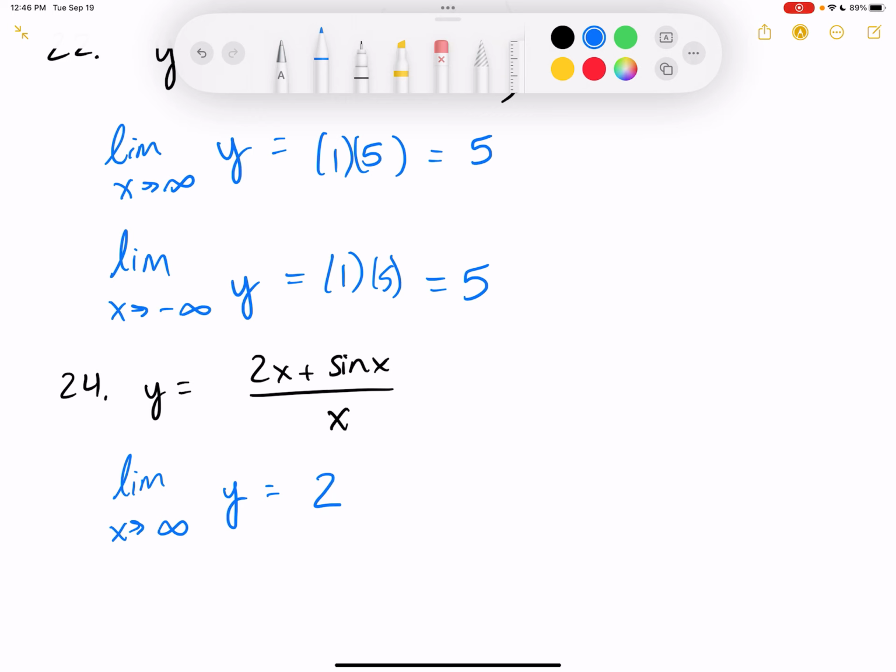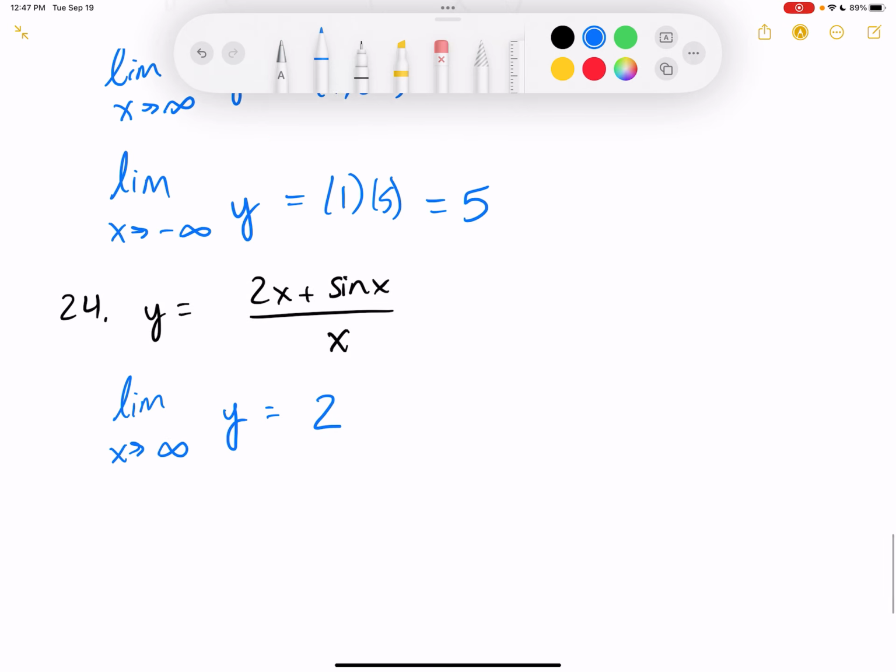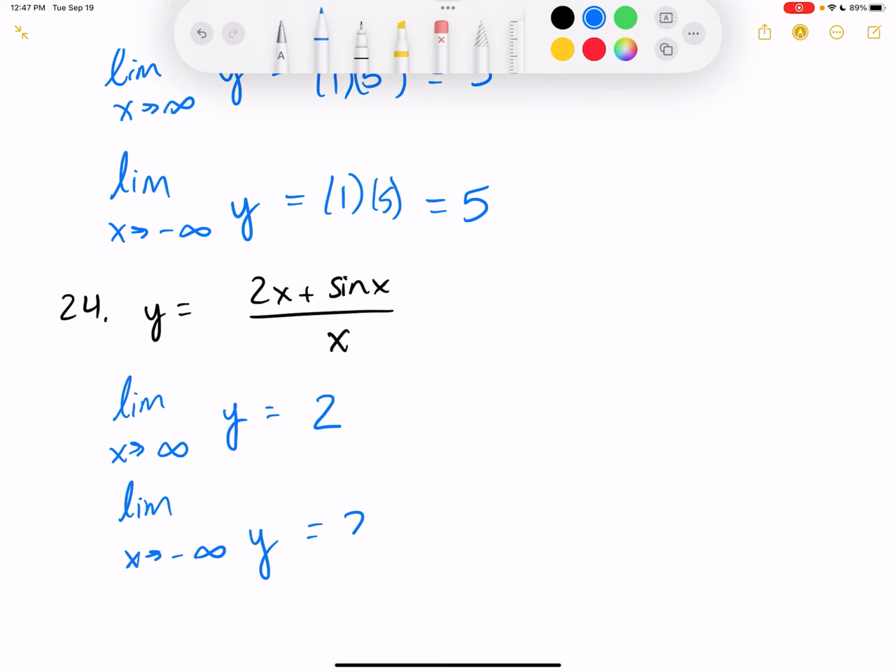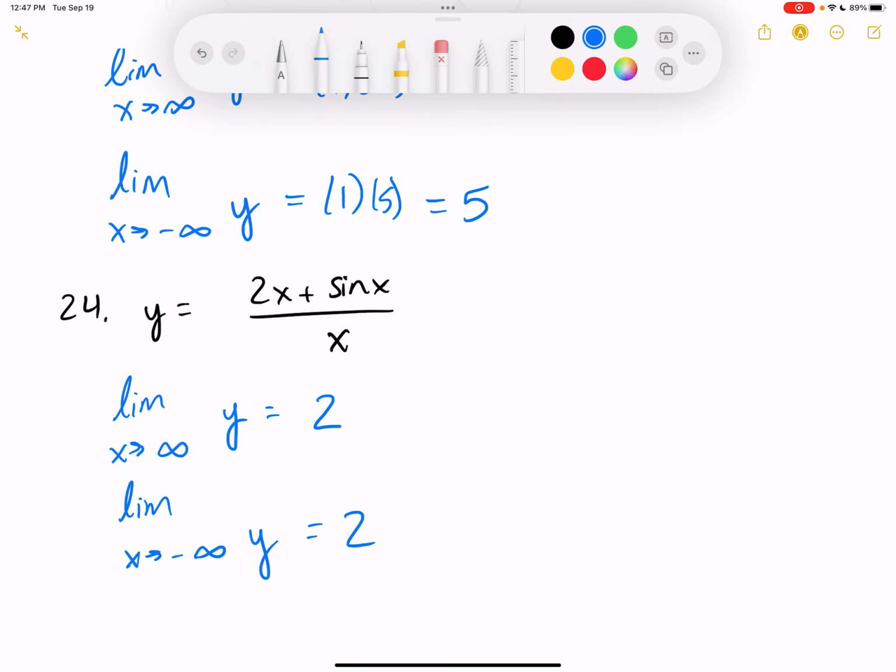If you're ever not sure, you can always do that and check it. The limit as x approaches negative infinity of y for the same problem is also 2, for the same reason.